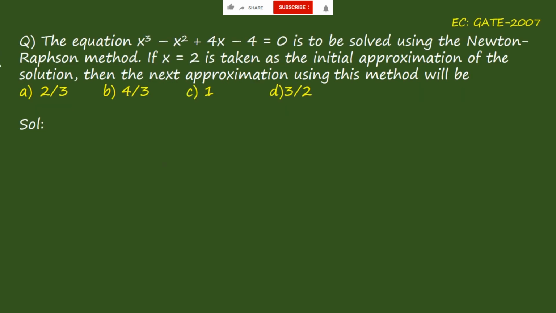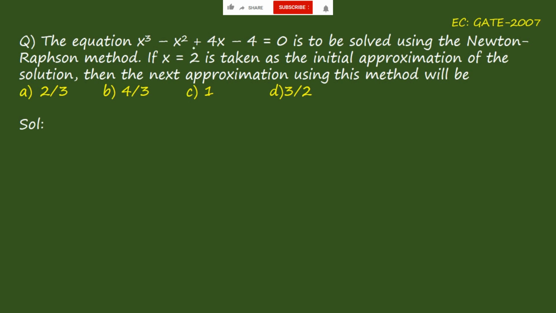The question is: the equation x cubed minus x squared plus 4x minus 4 is equal to 0 is to be solved using the Newton-Raphson method. If x is equal to 2 is taken as an initial approximation of the solution, the next approximation using this method will be. It is a GATE question from 2007. First, we understand the question.